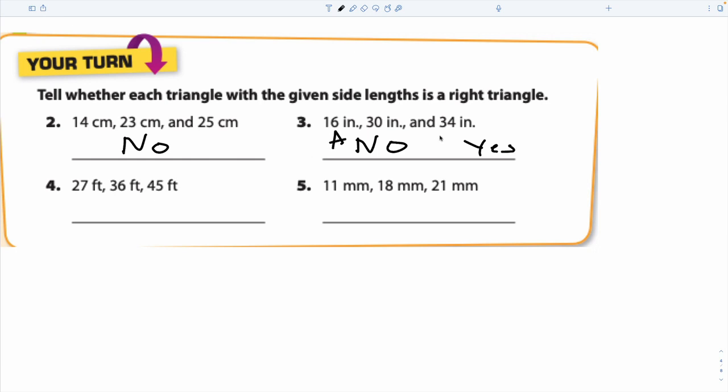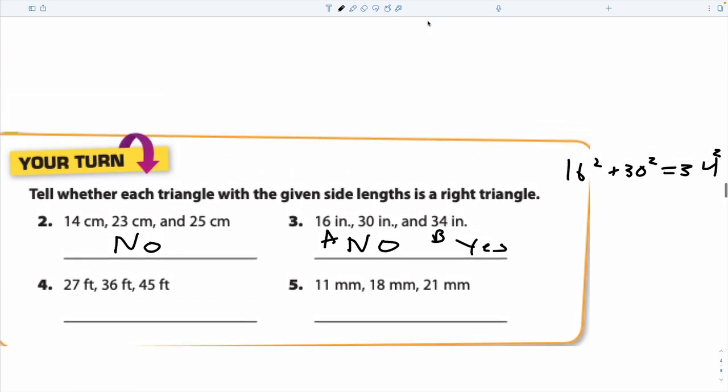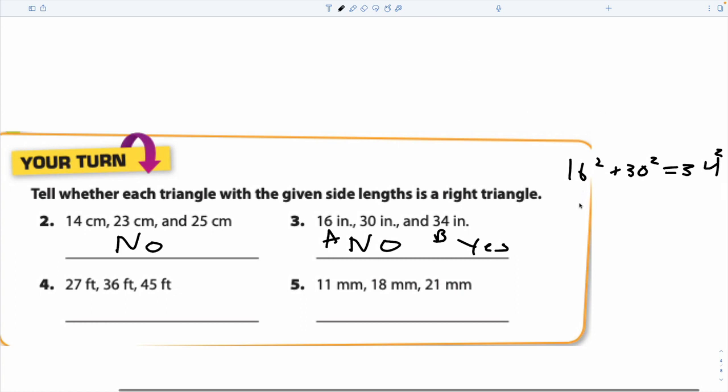Let's check. 16 squared plus 30 squared equals 34 squared. What do you get on the left side if you thought it was a yes? Someone said yes. Wyatt? What was the number for this one? On the left side? Scroll down. And 34 squared is the same.